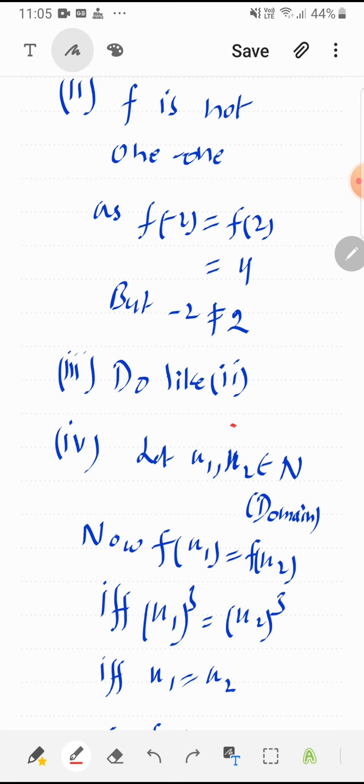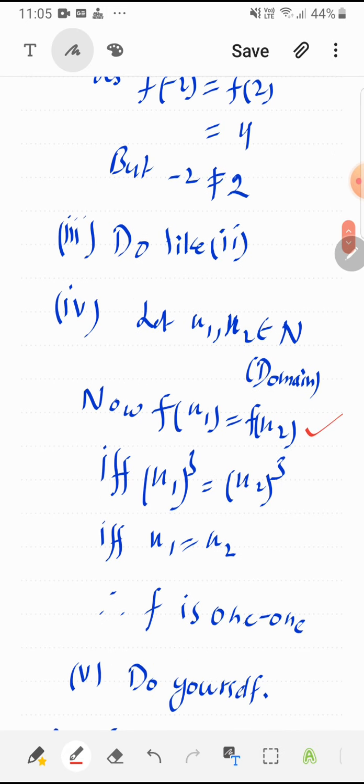Moreover, we have the result that pre-images are always picked from the domain and images are picked from the codomain or range. Range and codomain are different, no doubt. Now f of x1 is equal to f of x2, so x1 cube is equal to x2 cube. Now as in taking the cube root, there is no problem like we can't get positive negative sign together as in the square root.